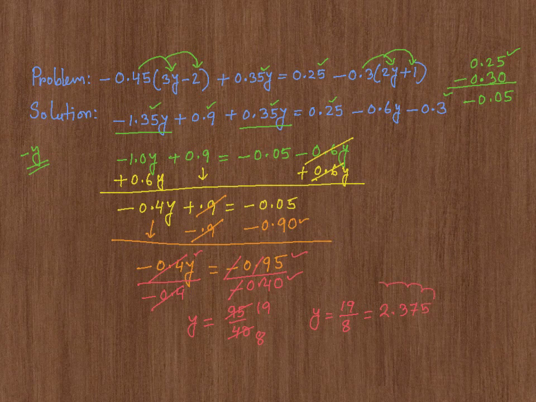And that's your final answer or solution to this equation, which says that if you plug in this value for y, the left hand side is going to be equal to the right hand side. That's what it means for y equal to 19 over 8 to be a solution to this given equation.